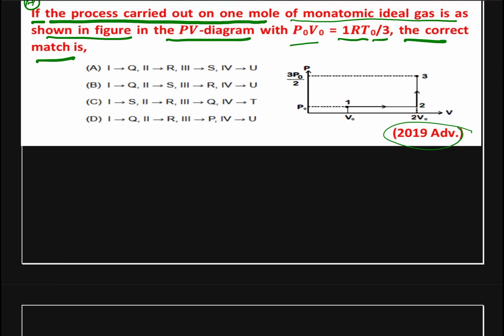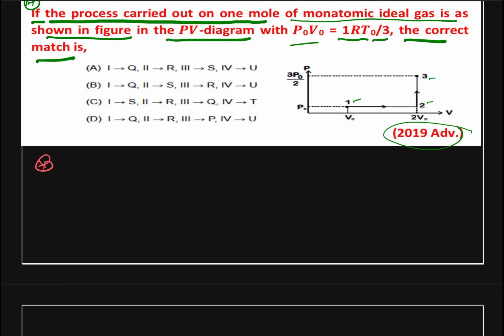In this PV diagram, the process starts from 1, goes to 2 and then goes to 3. From 1 to 2 the pressure is constant, that is, it is isobaric, and from 2 to 3 the volume is constant, that is, it is isochoric. So we can just write it out.